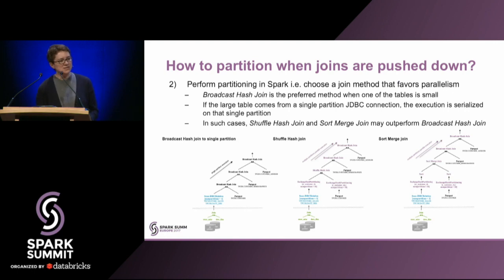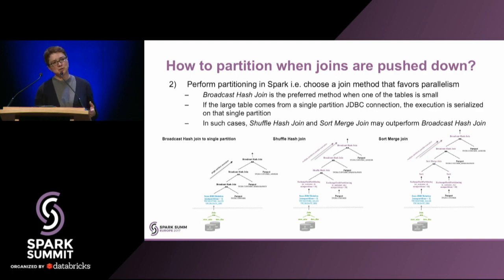An alternative design is to perform partitioning in Spark by choosing the best join method that favors parallelism. We know that broadcast hash join is the preferred method when one of the tables is small. The small table is broadcast to each of the nodes of the larger table. The parallelism of the larger table will be maintained, and shuffle is not necessary.